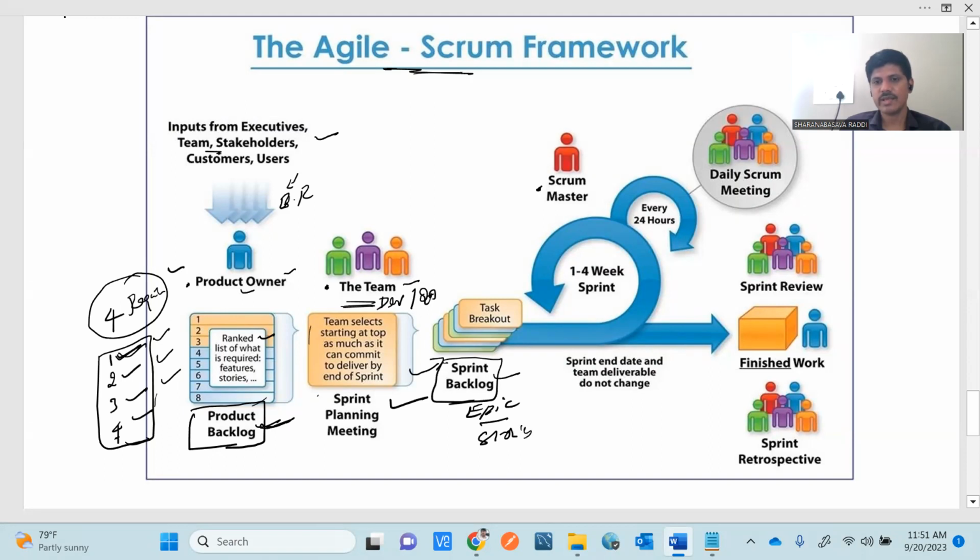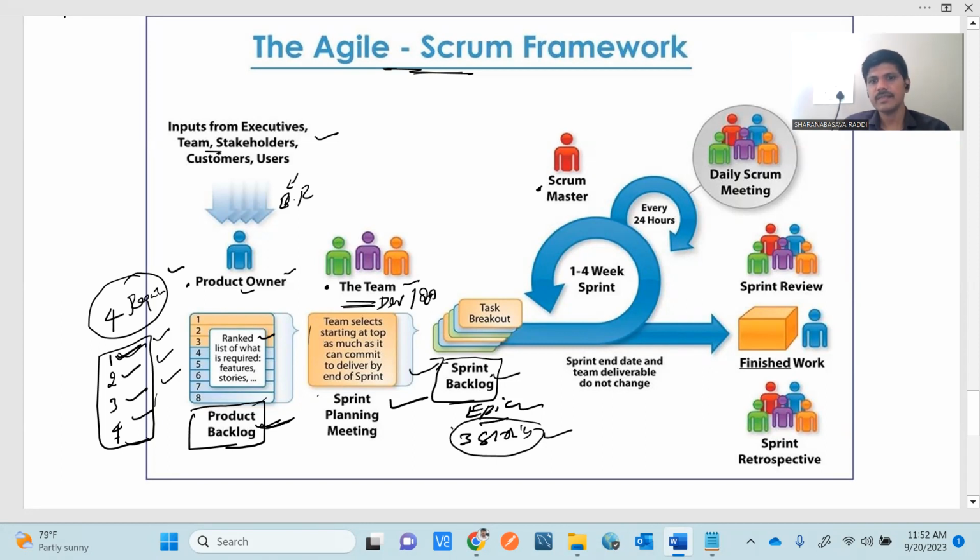For example, if there is one epic with 3 stories, and they decided in the sprint planning meeting that this epic and these 3 stories are to be implemented as part of sprint 1, then these things will be moved into the current sprint. That is nothing but a sprint backlog. Sprint backlog is nothing but the committed stories to be implemented for the current sprint. So this sprint backlog will have the committed stories for this sprint to be completed.